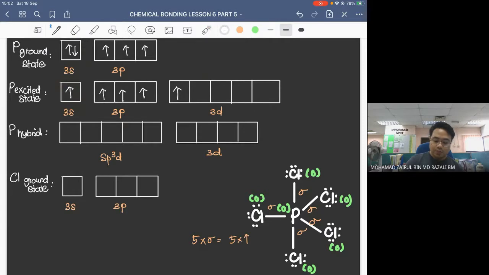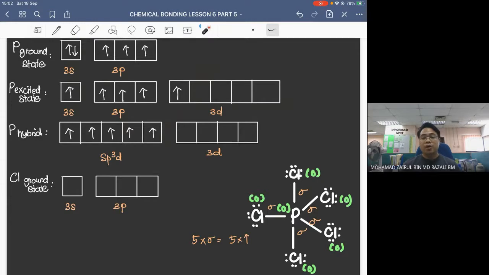The s orbital comes from 3s, the electrons for the p orbitals come from the 3p, and another one comes from the 3d. Since only one of the d orbitals will form the hybrid, the rest we call unhybridized 3d orbitals. We don't have any more electrons, so kita biarkan je dia sebagai kosong.